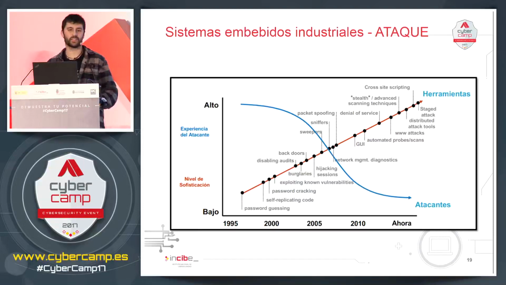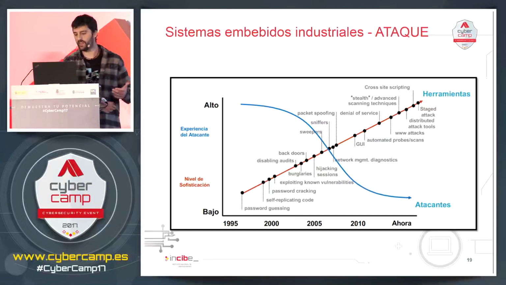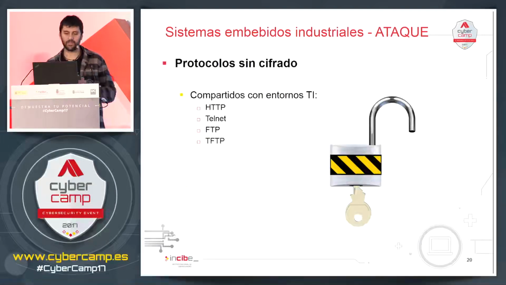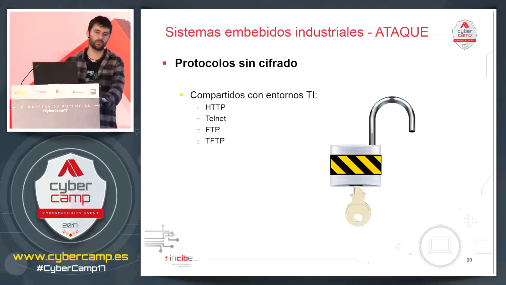Obviously, people start developing certain skills. This is why their attacks are more sophisticated with time. Here you can see different attacks and the tracking of passwords, backdoors, sniffers, service denial.